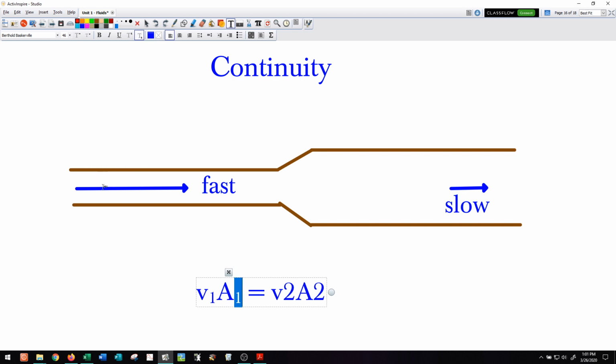When we're talking about area, we're talking about cross-sectional area, so if this was a circular tube, it would be the area of a circle. On the right-hand side, you've got V2 A2, the velocity and the area at the other end.